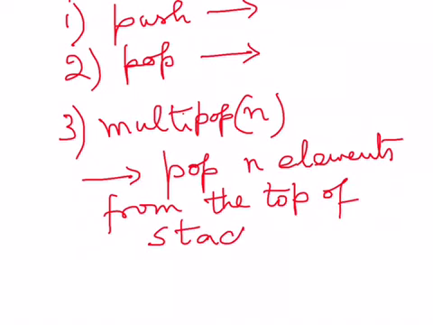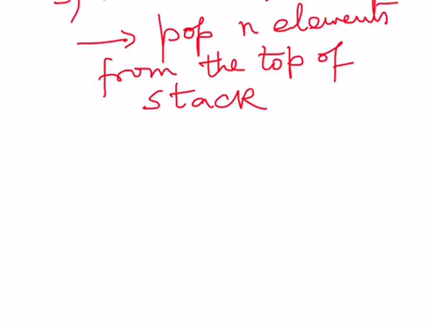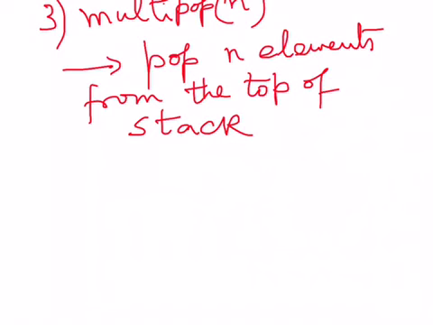Now the natural question to ask is what could be the complexity of the multipop operation? Well, if we consider the cost of a push operation as 1 unit, some arbitrary unit, but we have to do some work, and the cost of a pop operation also as 1 unit, then of course the cost of multipop is n units.